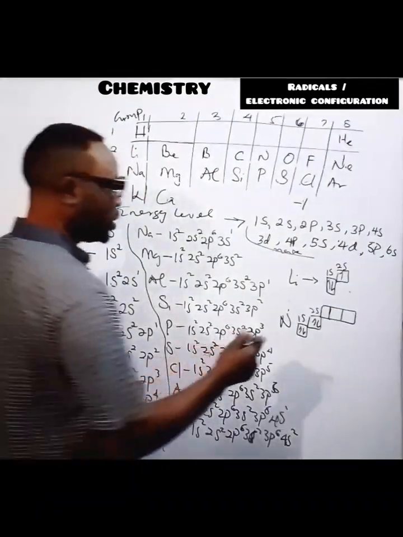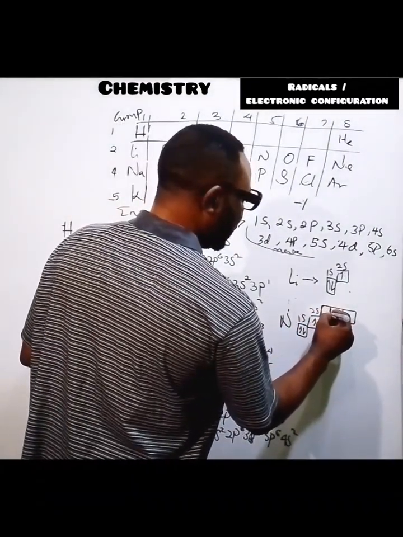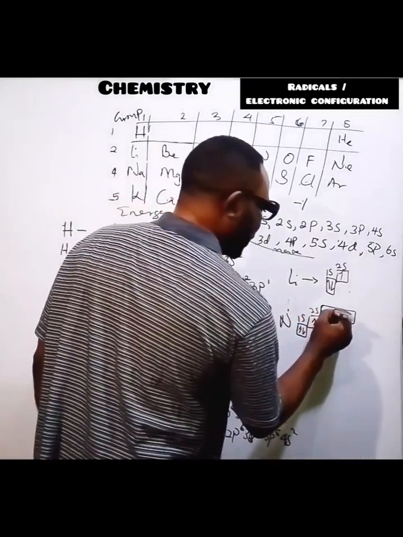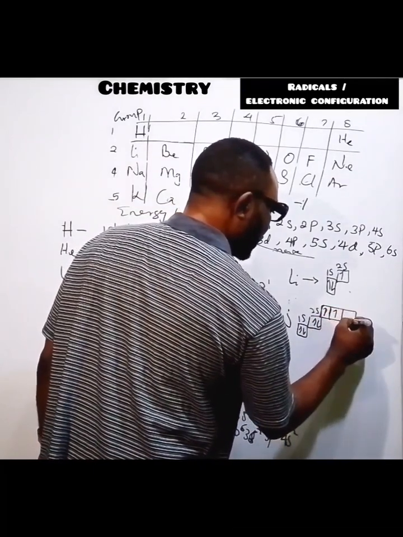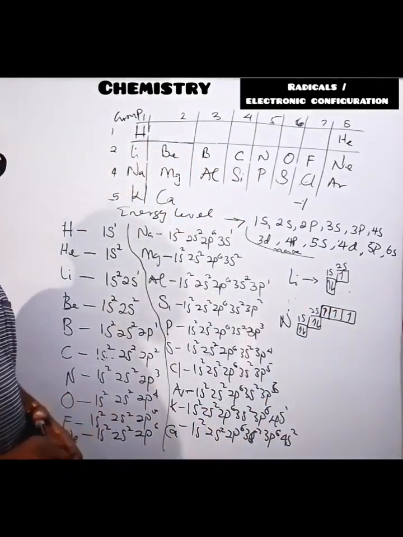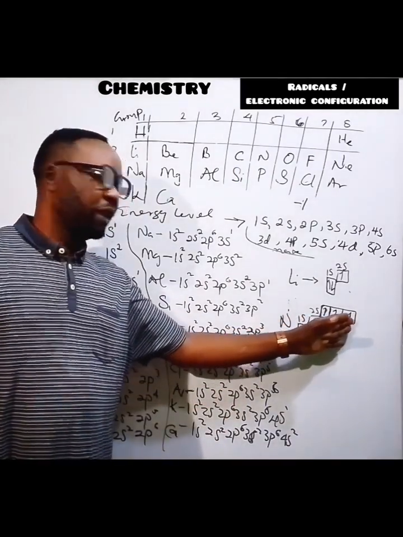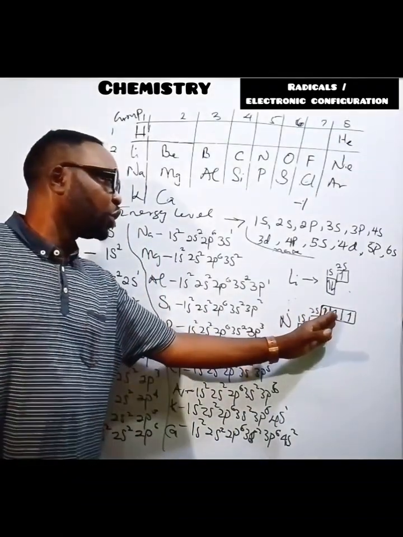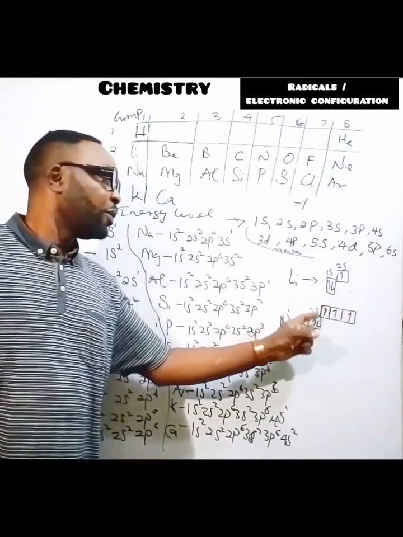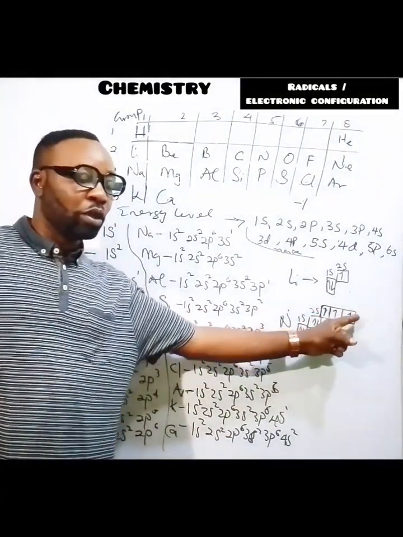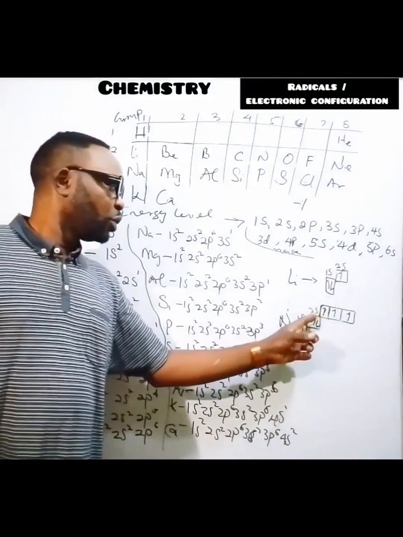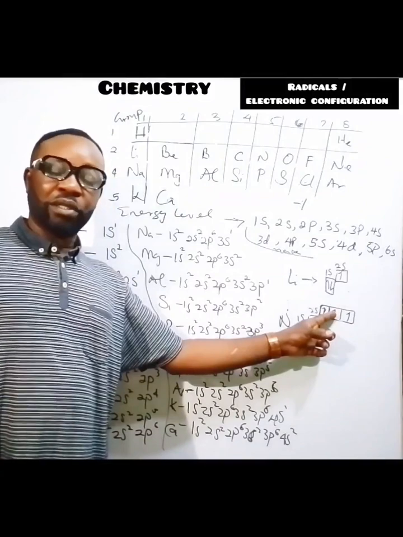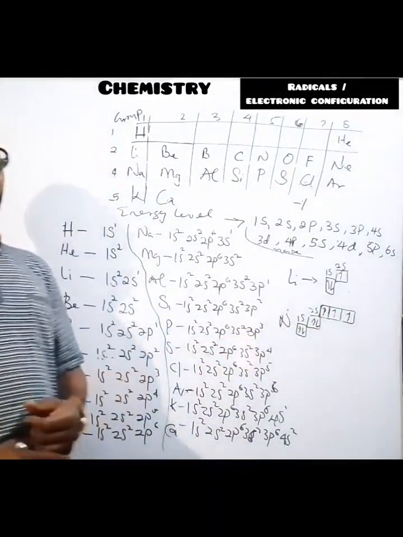The 2p3 will be filled this way: 1, 1, 1. It will be singly filled first. This is what we call singlet filling. It is filled one after the other. That is, you must fill each of these orbitals 1, 1, 1 first before you start filling 2, 2, 2. Not that you just write nitrogen as 1, 2, 3, 4, 5, 6, 7. No, that is wrong. This is the correct filling for nitrogen.